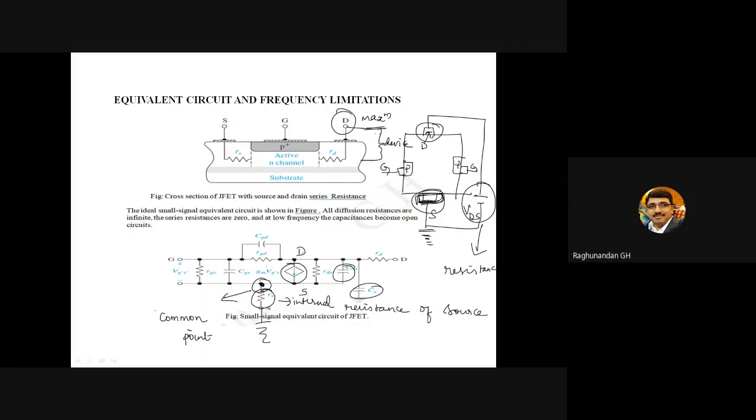And what kind of current source is it? Is it an independent current source or a dependent current source? Dependent. Why is it dependent here?